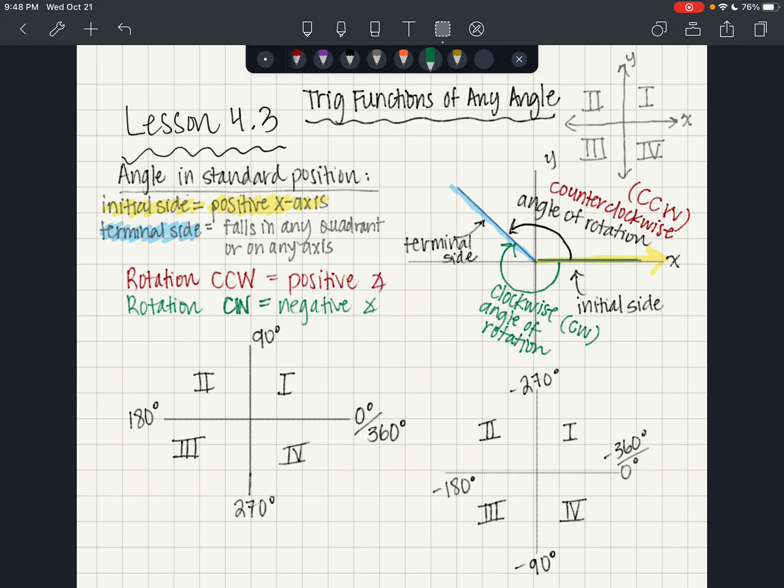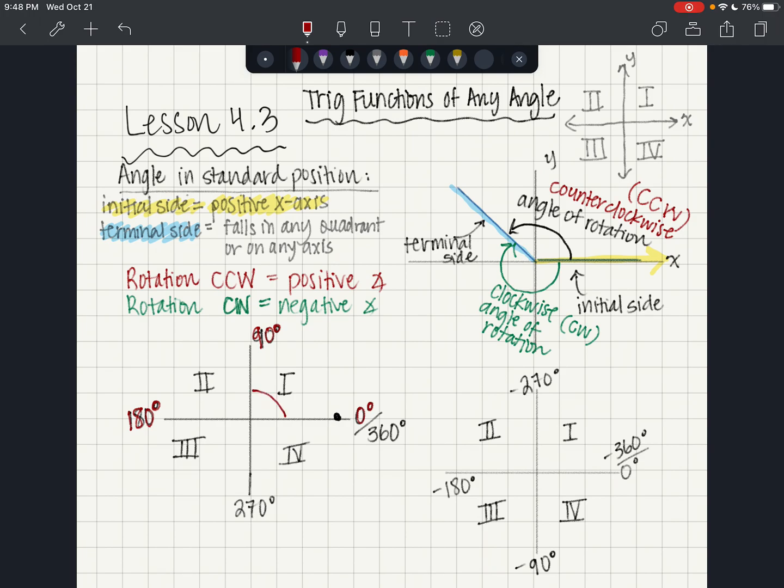So if we start here at the positive x-axis and I don't rotate any amount, that's 0 degrees. If I rotate counterclockwise to the positive y-axis, that would be a 90-degree turn. If I rotate another quadrant to the negative x-axis, that would be a 180-degree turn.